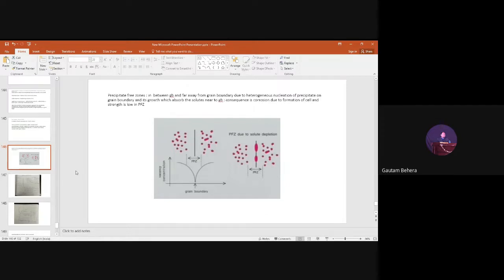Okay, so this topic is ended. We have successfully ended the topic of strengthening mechanisms, where we have seen strengthening due to grain boundaries, strengthening due to dislocation-point defect interaction, and dislocation interaction leading to strain, that is strain hardening, and dislocation-point defect interaction, that means solid solution strengthening.